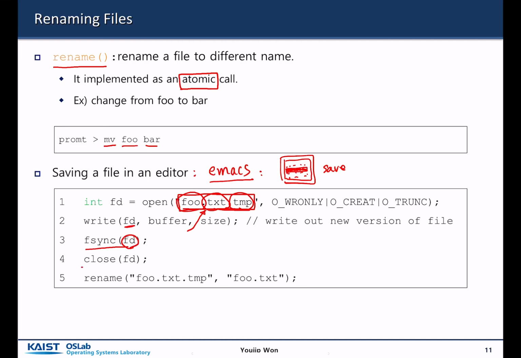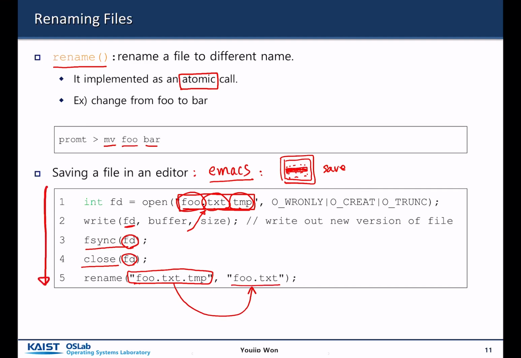And then you call the close function to close the file. After closing the file, you perform rename. So you rename the temporary file to the file that was originally edited. So this is how you save the file.